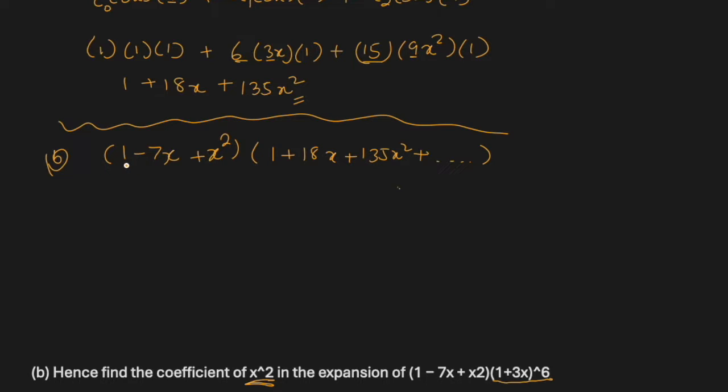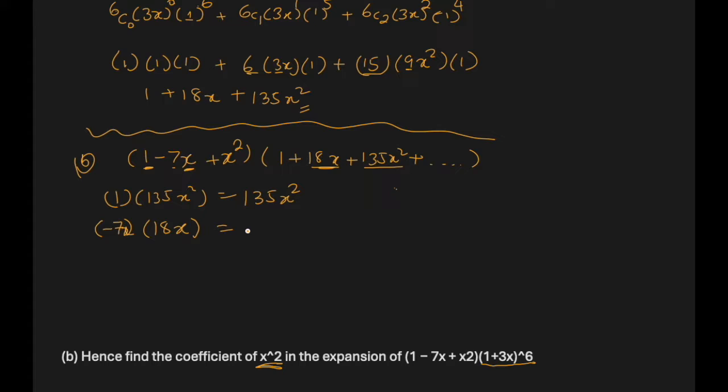So if I multiply 1 with which one of these will give me x squared? Obviously 1 multiplied by 135x squared. So this is 1 times 135x squared, which will be 135x squared. Now 7x, we need one more x to make it x squared. So negative 7x will multiply with positive 18x.